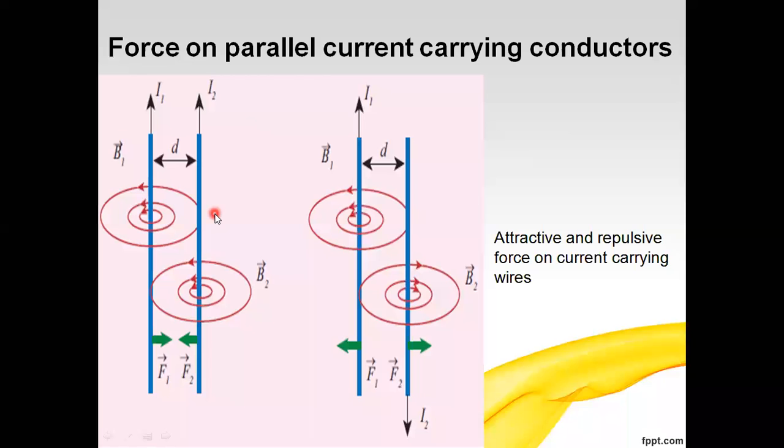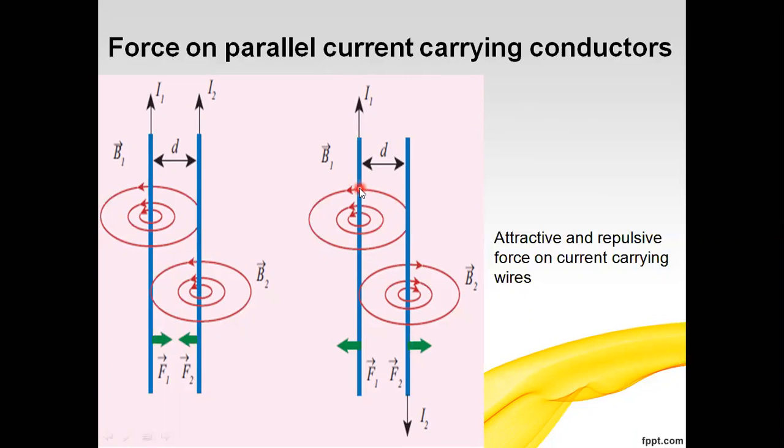The first picture, we will see in the first picture. The current is flowing in the same direction. So the wires attract because the current is flowing in the same direction. You will see the currents I1 and I2. So each wire is attracted.